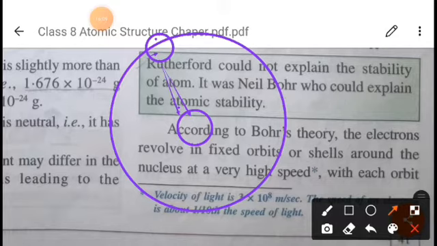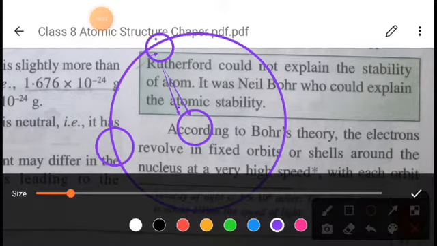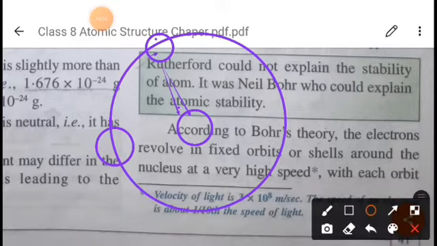This force exerted by the nucleus will be counterbalanced by the outward force of the moving electron. Since the electron is moving, whatever inward force the nucleus exerts, that much outward force will pull the electron away from the nucleus. Then what will happen?